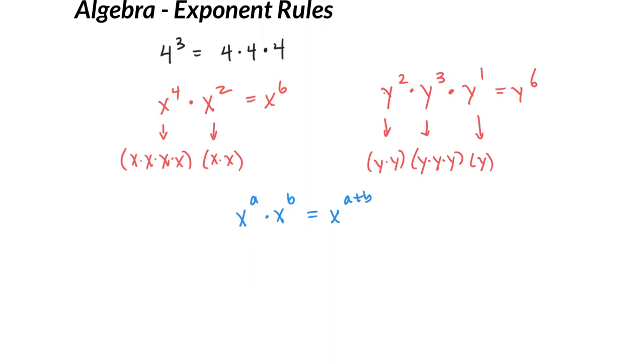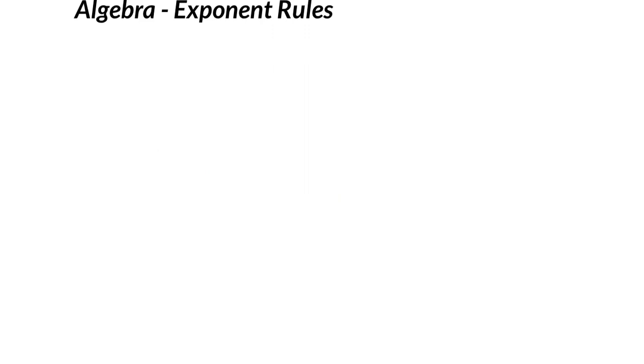Let's do another rule. Again, with a number, let's say that I had like 4 cubed, squared. Well, 4 cubed squared is the same as 4 cubed times 4 cubed. So you could think, well, I have 3 4s here and 3 more here for a total of 6.